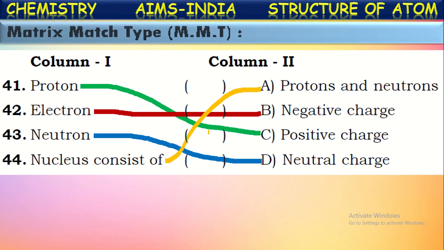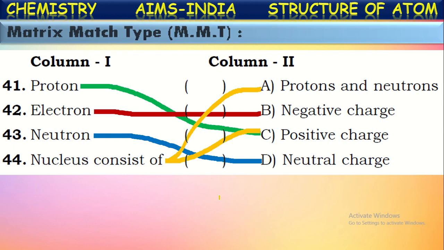At the same time, it carries a positive charge, which is because of protons. Okay. These are the matchings: protons positive charge, electrons negative charge, neutrons no charge or neutral. Nucleus consists of protons and neutrons, and it carries positive charge overall due to protons.